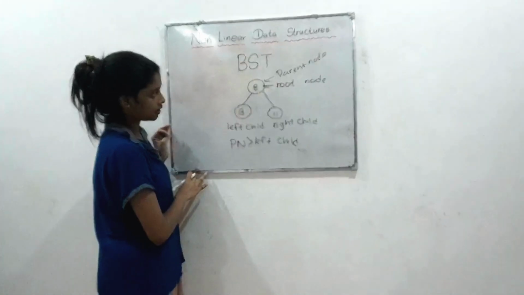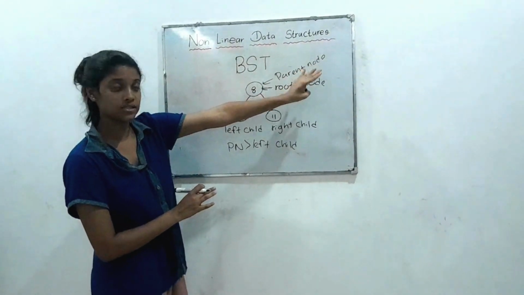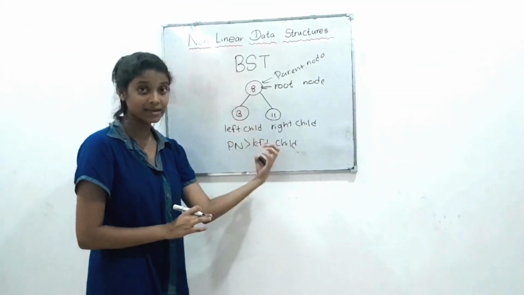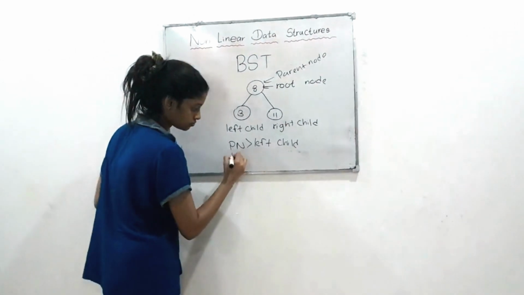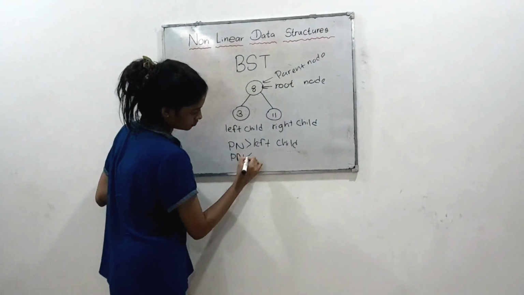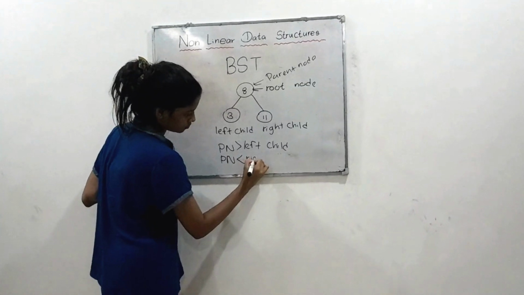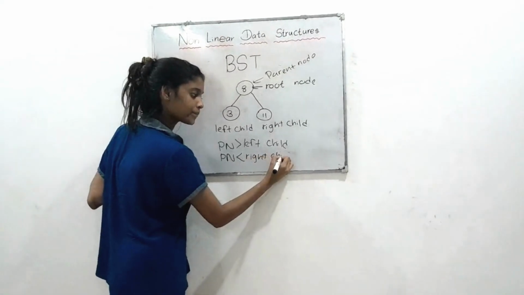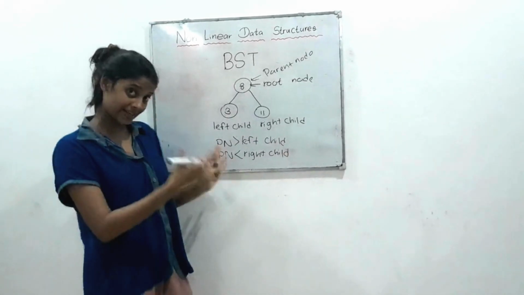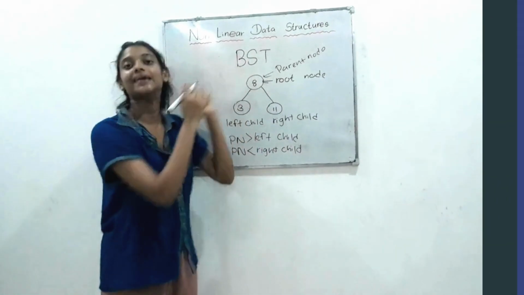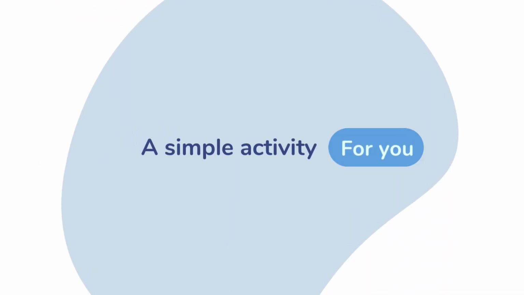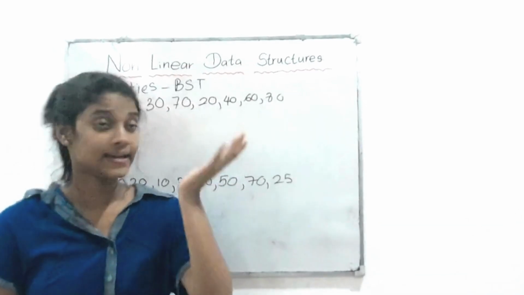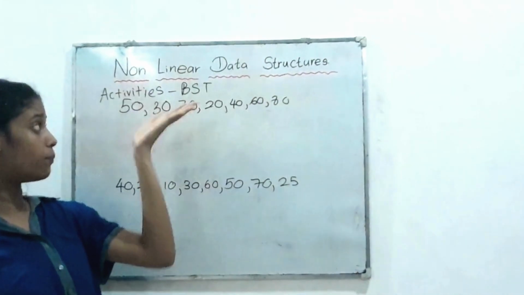Okay? Then your parent node always should be larger than the right child. This is the essence of this BST. Okay, now you have some activities in the board.